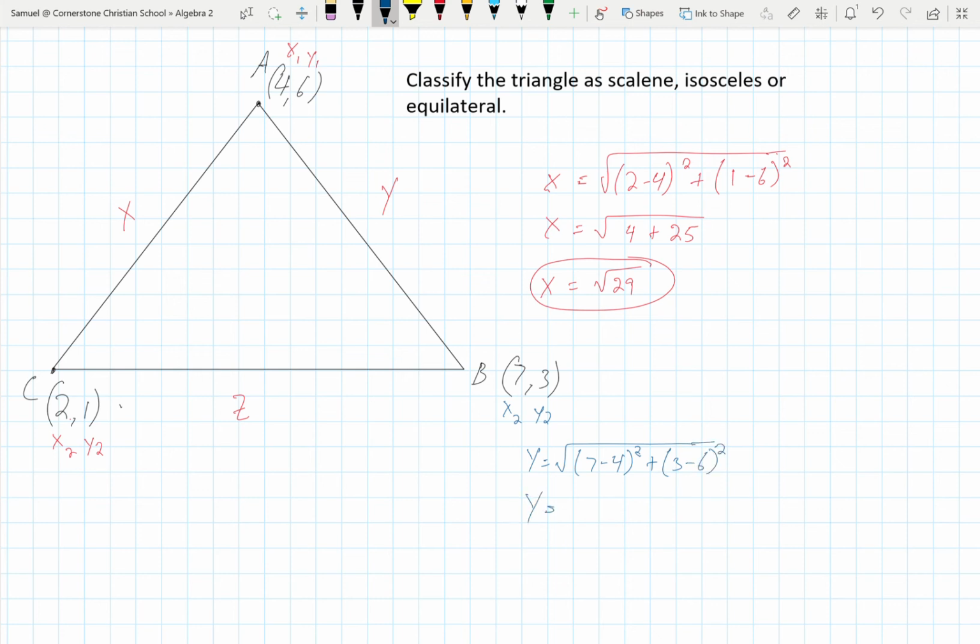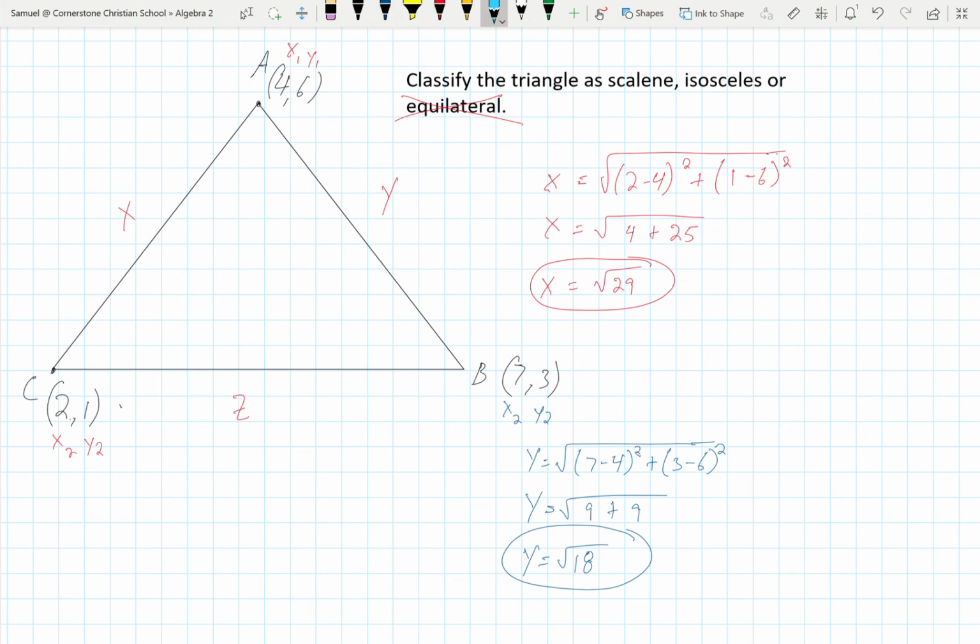And so y equals 7 minus 4 is 3, 3 squared is 9, plus 3 minus 6 is -3, squared is also 9. And so I get here that y is the square root of 18. And so I already know that one of these answers is not possible. It could not be equilateral, as all three sides have to be the same and two of them are already different. Now I don't know if it's scalene or isosceles, so I will have to continue and solve for z.